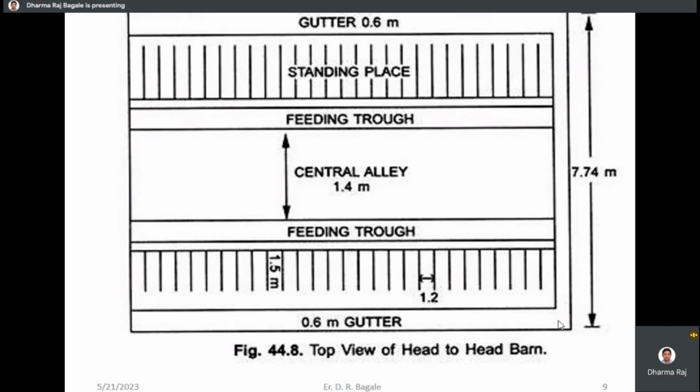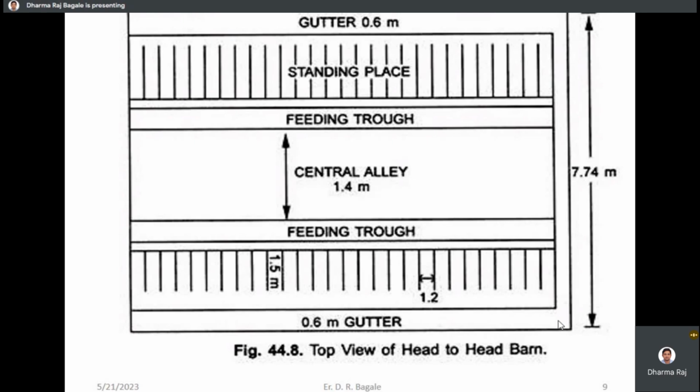And here you can see the width of the whole farm is reduced in head-to-head system. Usually in tail-to-tail system it varies from 10 to 11 meters, but here only about 8 meters will be sufficient. And here this is including the gutter, and we can keep the roof quite less from this.